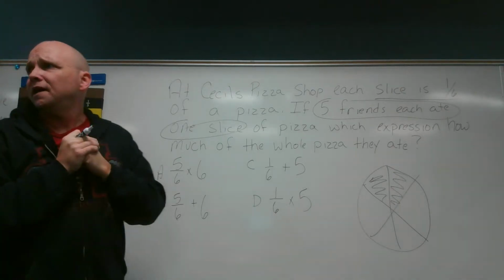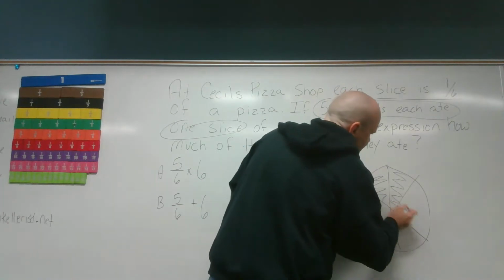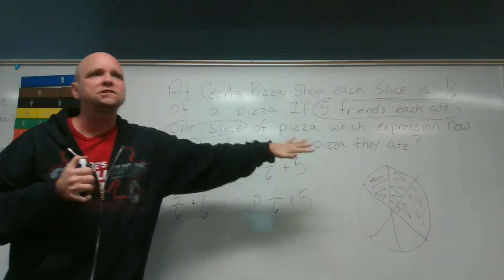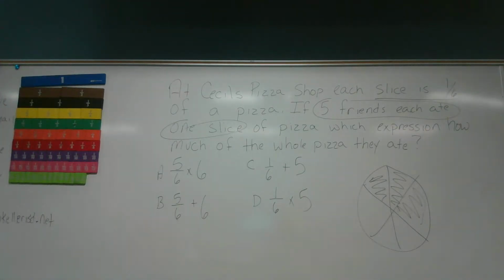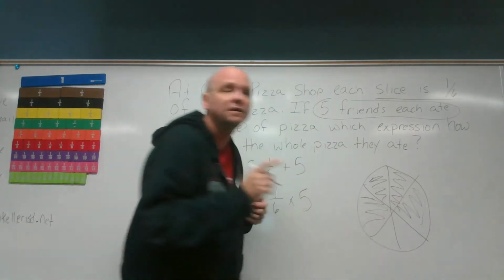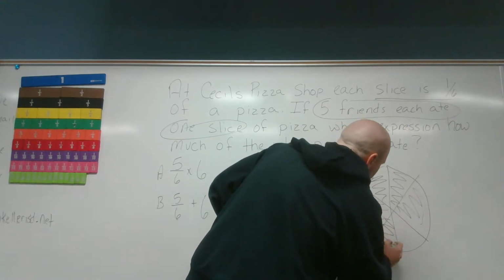If I then had Sahana, she ate 1 slice. That much of the pizza is gone. And ideally, those slices would all be the same size. Jason, 1 slice would be gone. Now that's 4 friends. And Kinley, 1 slice would be gone.